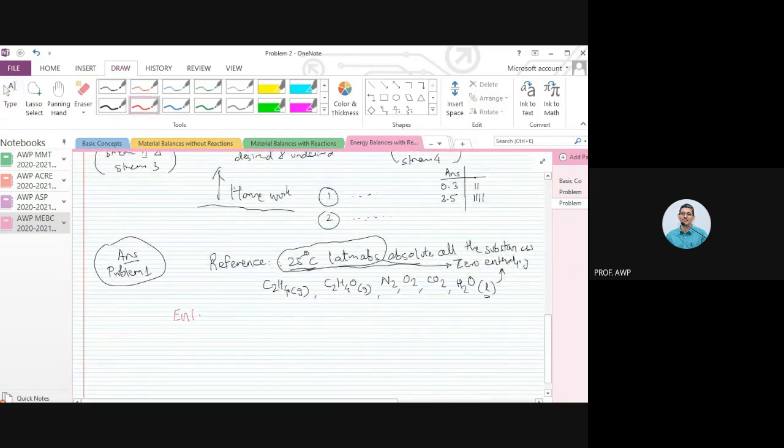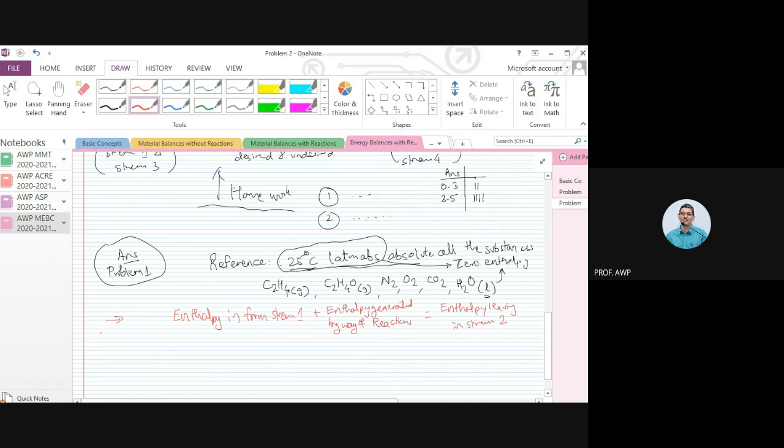Enthalpy coming in from stream 1 plus enthalpy generated by way of reactions is equal to enthalpy leaving in stream 2. Do you agree with this enthalpy balance?